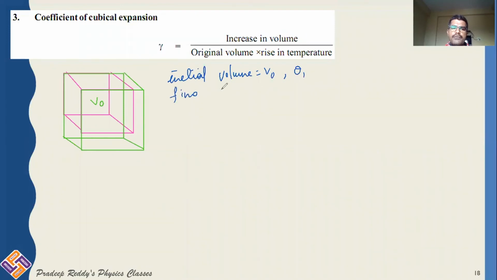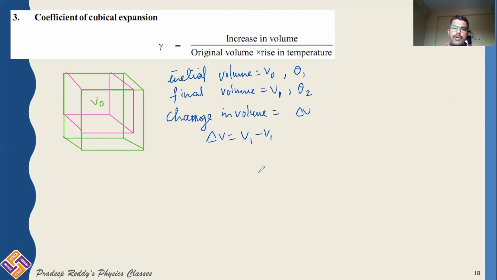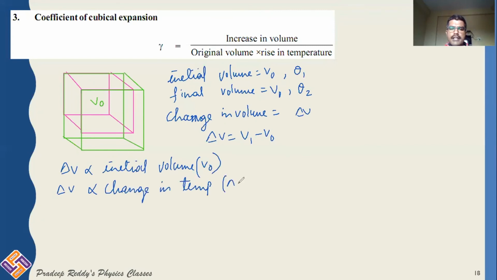So I write the final volume as V1, at temperature theta 2. The change in volume can be written as delta V, which is final volume minus initial volume. Clearly delta V is directly proportional to initial volume V naught, and delta V is directly proportional to the change in temperature, delta theta.